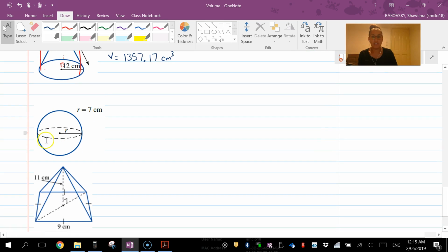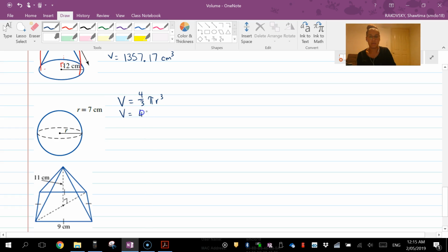With your sphere, we have the formula, which is V equals 4/3 pi r cubed. Again, straightforward.